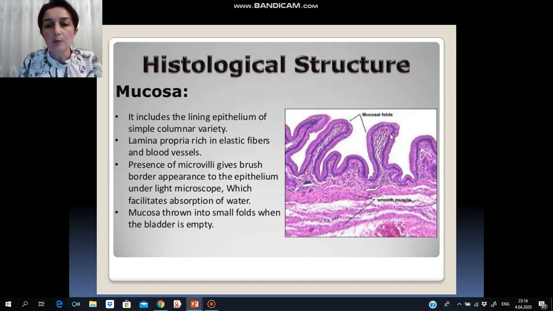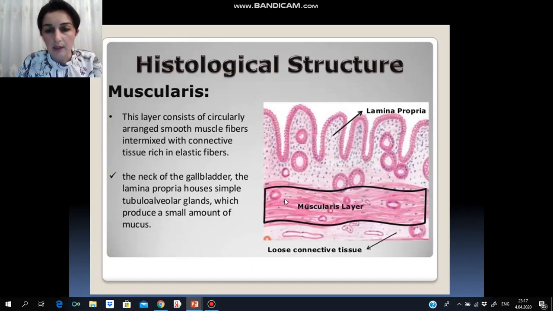Then the lamina propria is loose connective tissue rich in elastic fibers and blood vessels. Then we come to the muscularis externa, which includes one layer of spirally oriented smooth muscles, pay attention.